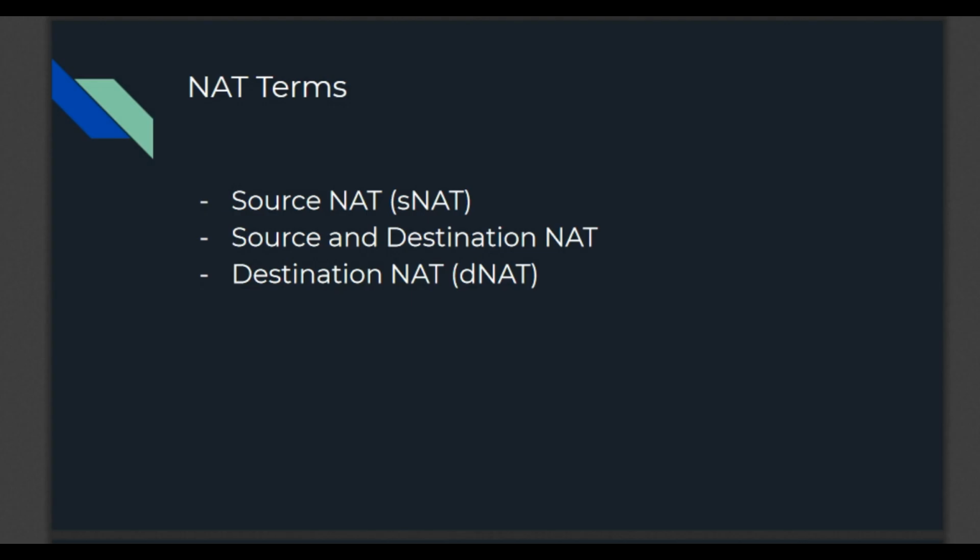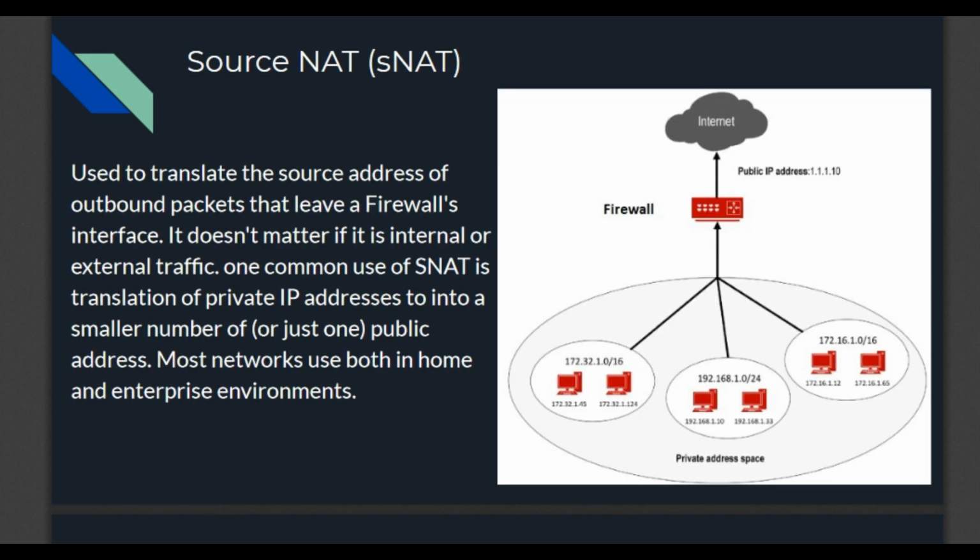In this video, we are going to describe the NAT terms, all the types of NAT, meaning source NAT and destination NAT, with examples. Here is the example of source NAT. Source NAT is used to translate the source address of an outbound packet that leaves a firewall's interface.